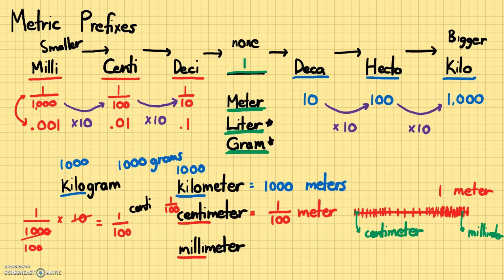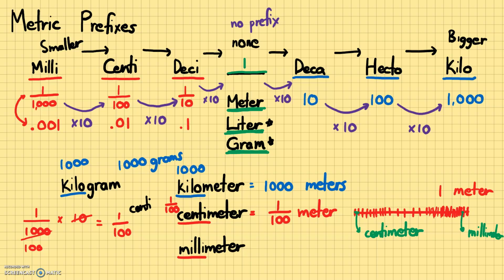And actually the same pattern follows. If you want to go from deci to where you don't have any prefix, you'll have to multiply by 10. And if you want to go from no prefix to deca, you'll have to multiply by 10. Because 1 times 10 is going to be 10.